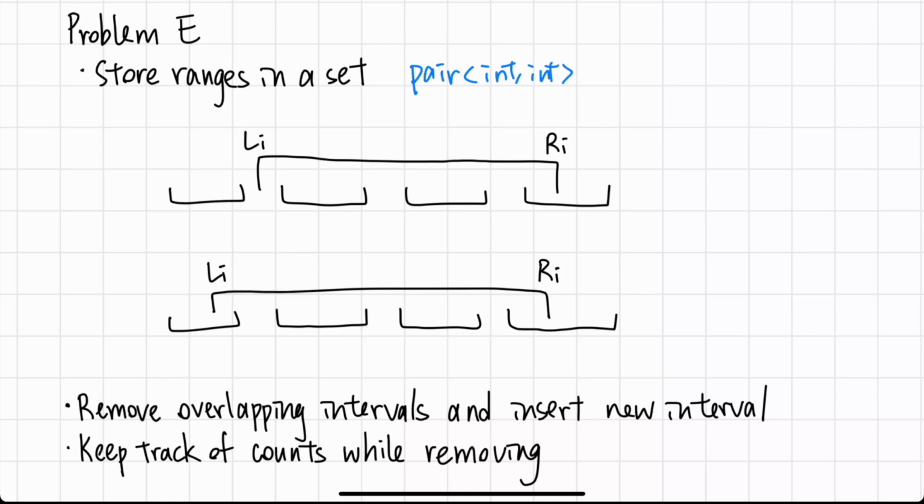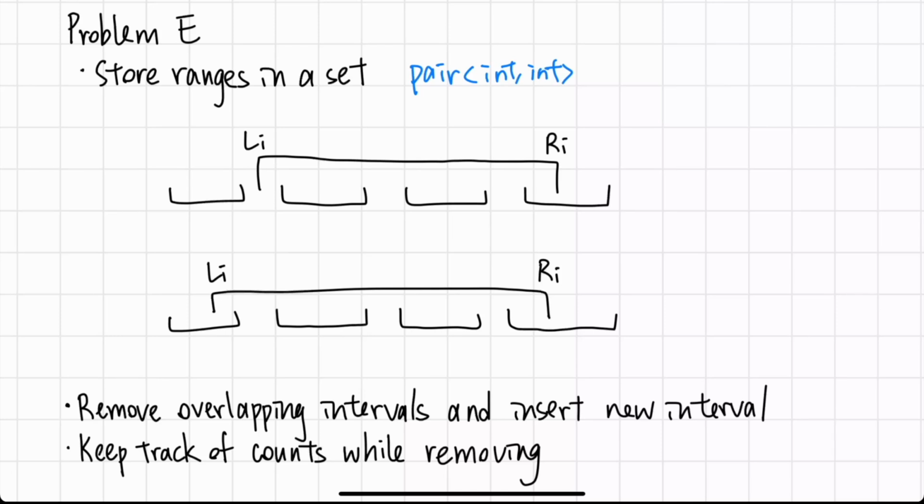And this will represent the values of L and R, where we can continuously store ranges that are colored black. So we can insert ranges that are already colored black.